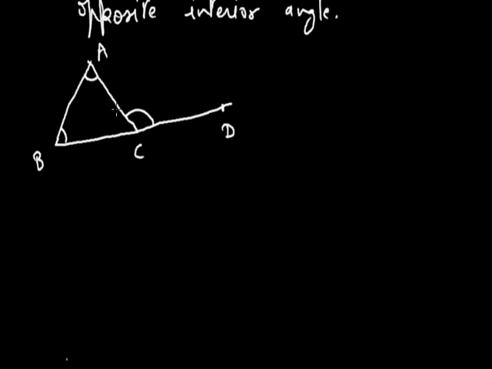So for this exterior angle, the opposite angles are interior angle A and interior angle B, because interior angle C is its adjacent angle, or it forms a linear pair.